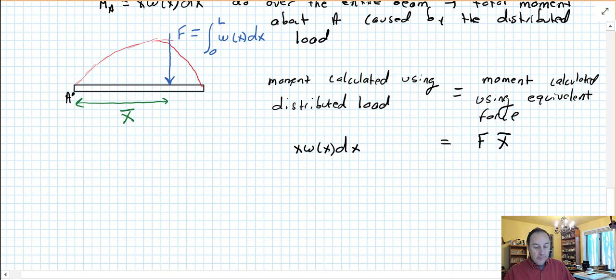Okay, so just an aside for right now, we're looking at planar solids. So the load is constant in the z direction.